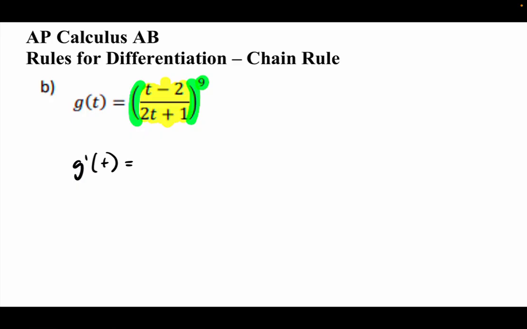That'll be my chain. So this has got two levels. The first thing is something to the 9th power. Move the 9 to the front, subtract a power. The yellow stays the same.